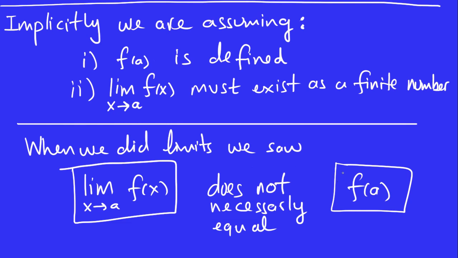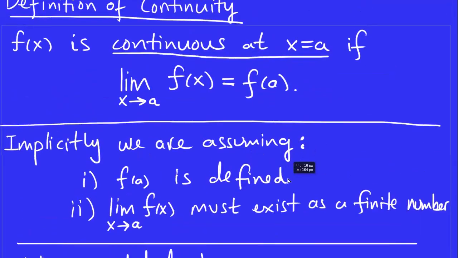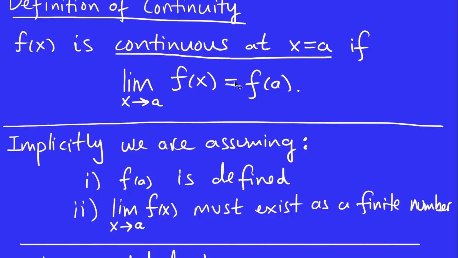And it's so special, in fact, that we give it a name. And that's exactly what continuity means, right? What does it mean for continuity? This limit is equal to the value of the function at that a. So if you can do this limit simply by putting the number a in the function and getting f of a as your limit value, that's what it means to be continuous.